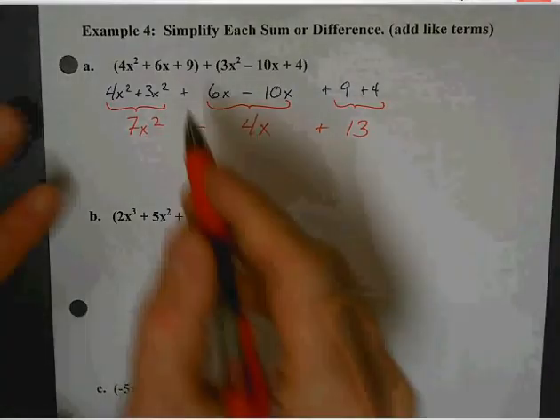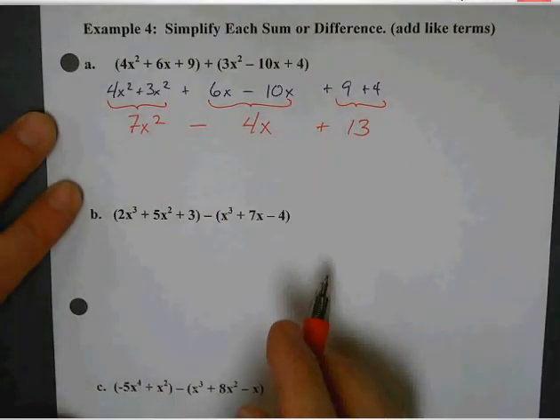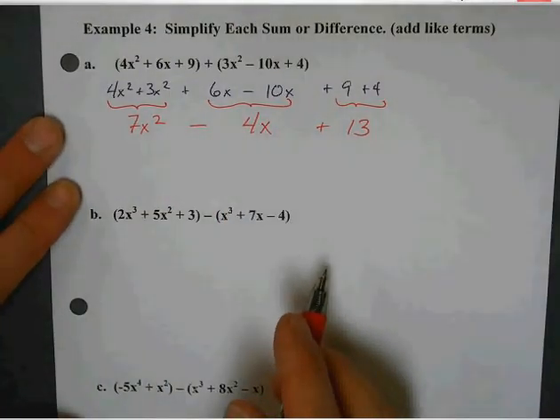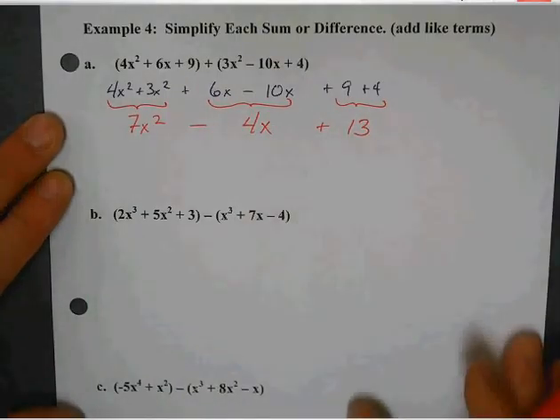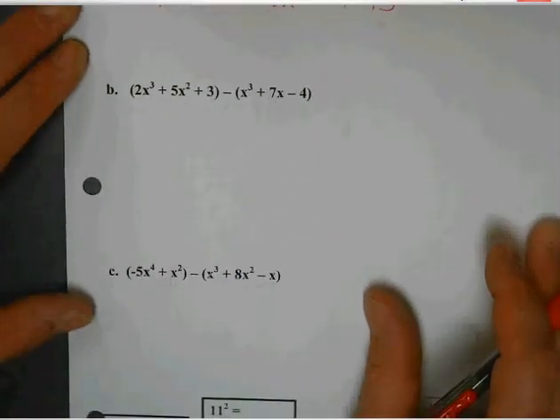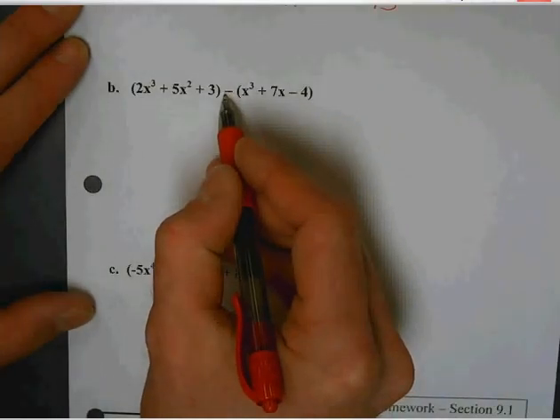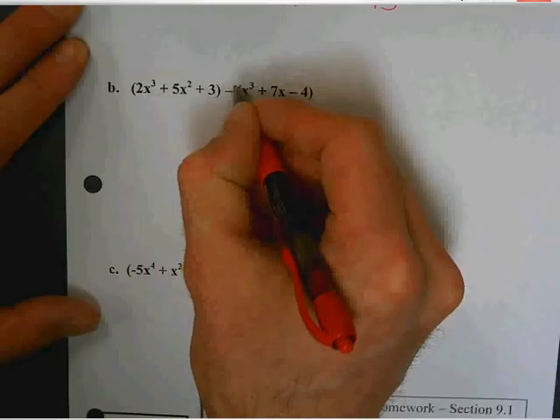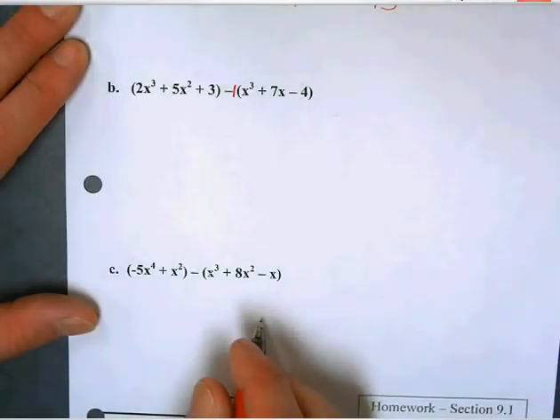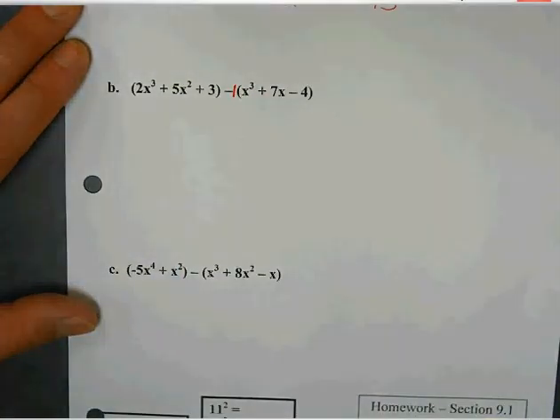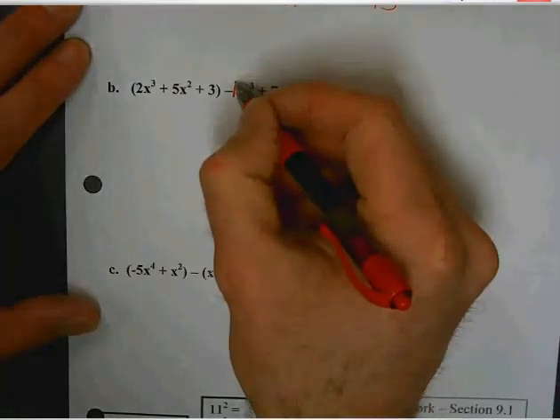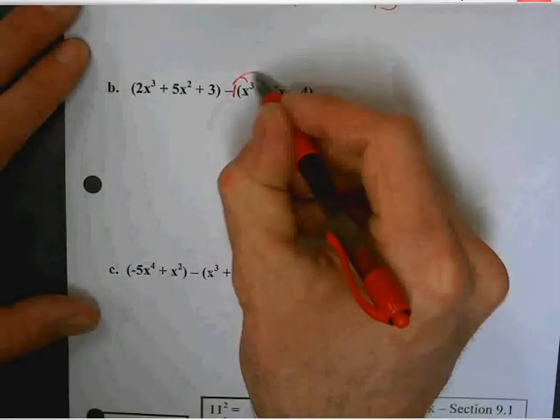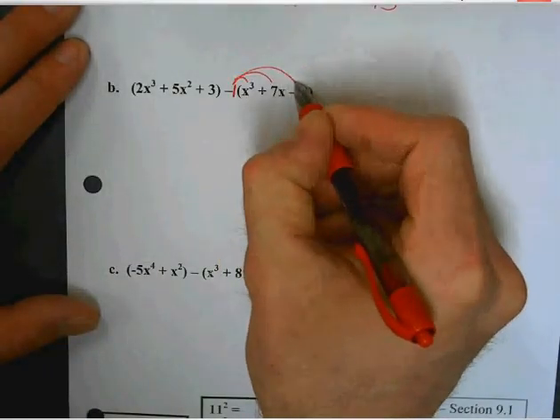Now, this is the easy, straightforward ones with a plus. Let me introduce you to the ones that are a little bit more difficult, but really not that difficult. See this minus right here? Whenever you see a minus in front of a parentheses, I want you to put a negative 1 there. This goes back to 2 chapters ago when we were distributing negatives. That negative has to go to the first one, and to the second one, and to the third one.